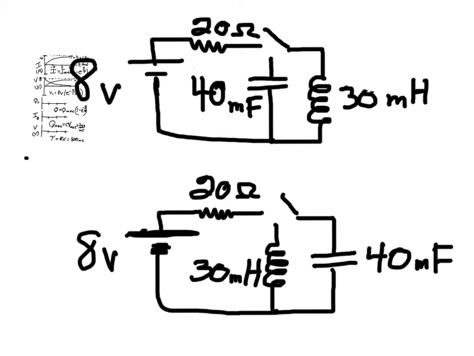So pause the video and see if you can do those equations for the inductor and the capacitor on both circuits. And notice you can plot the current through the inductor or the charge on the capacitor. You could plot the voltage across the inductor and the voltage across the capacitor.